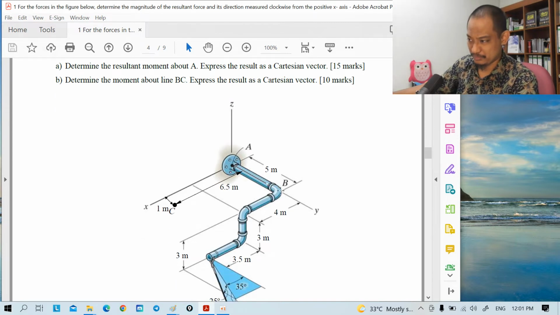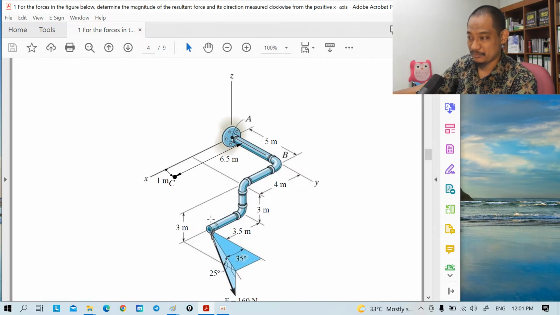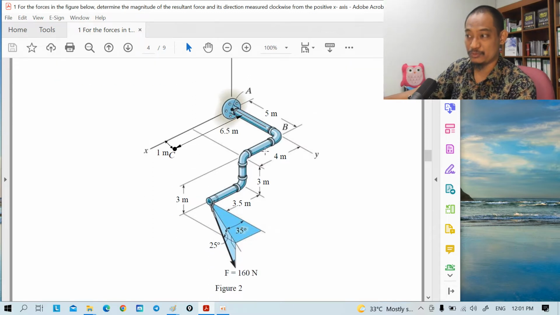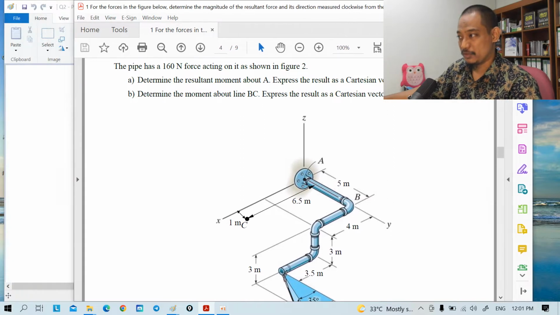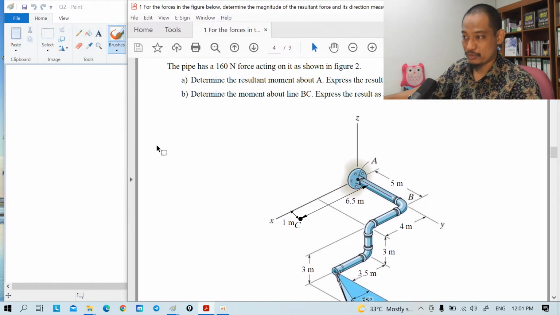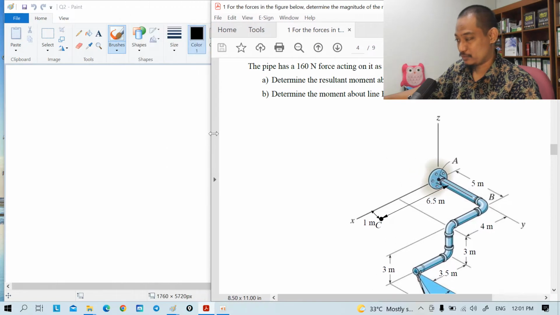So we have B and C here. The question asks us to draw a line BC, and what is the moment by the force about line BC? So that's a moment about a line. Make sure you know the equation for both and what to do.